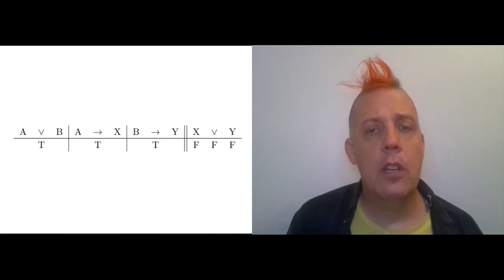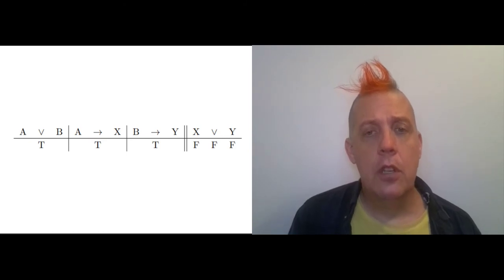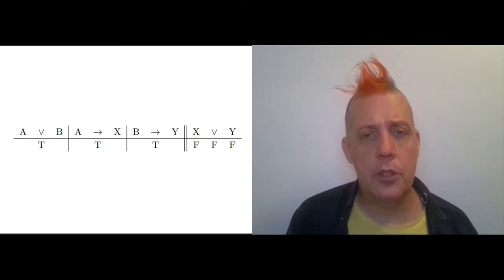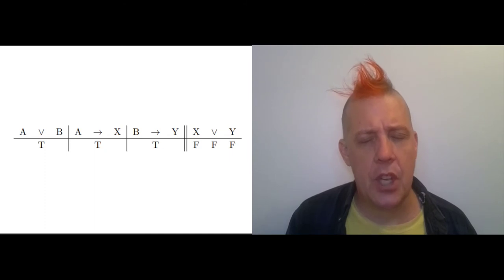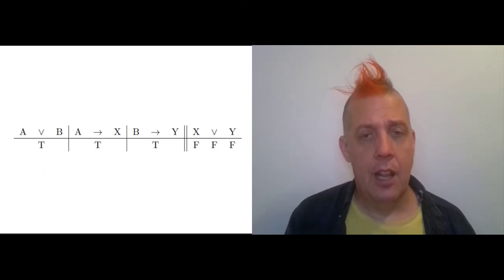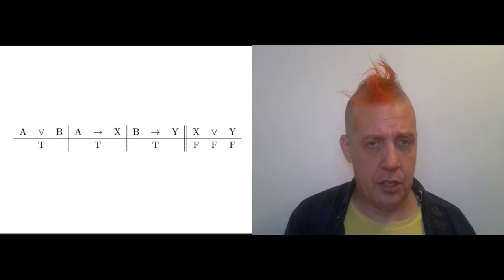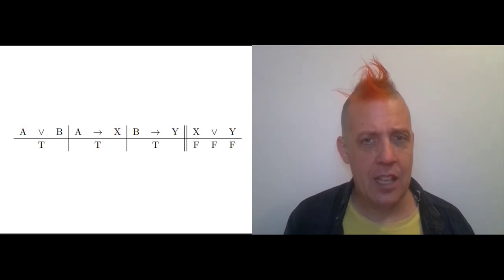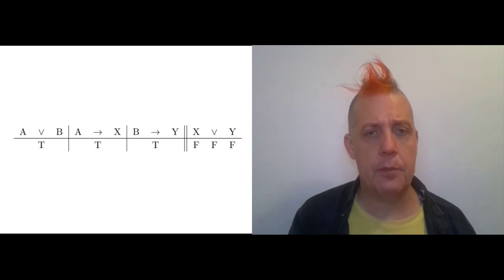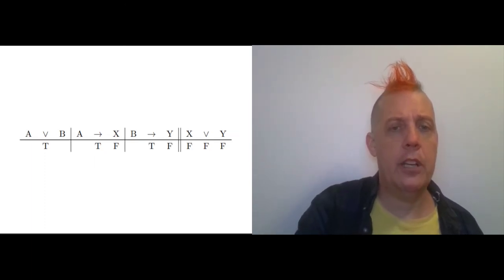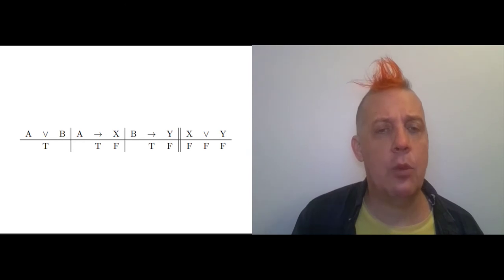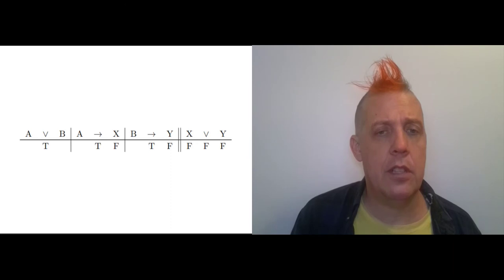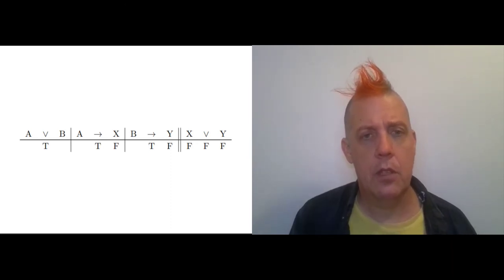As before, if we've got a false disjunction in the conclusion, then we know the two sides of the disjunction are false. That means that X is false and Y is false. So we move that X and Y over onto the left, the X in the second premise and the Y in the third premise.